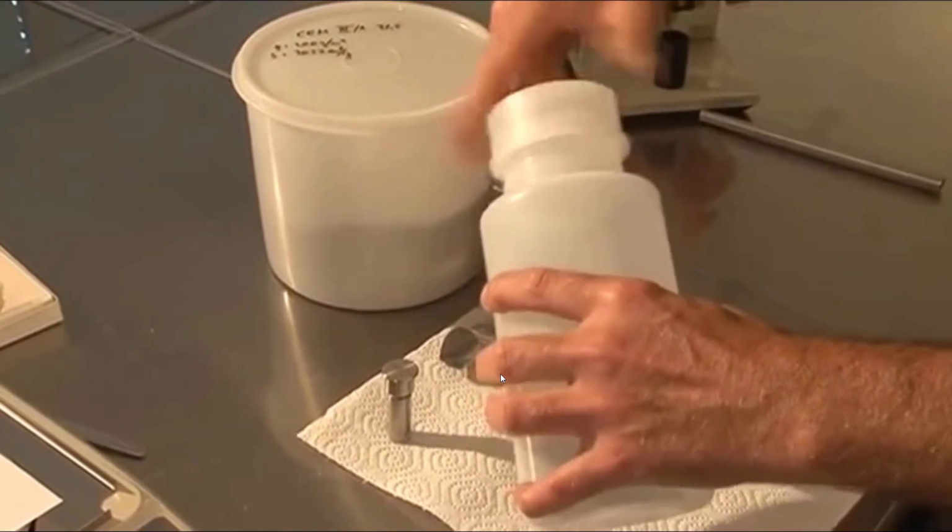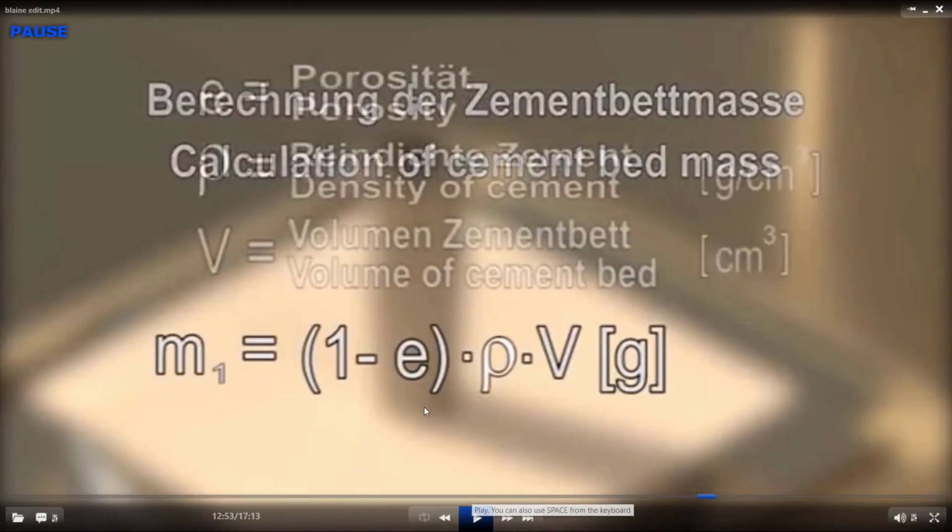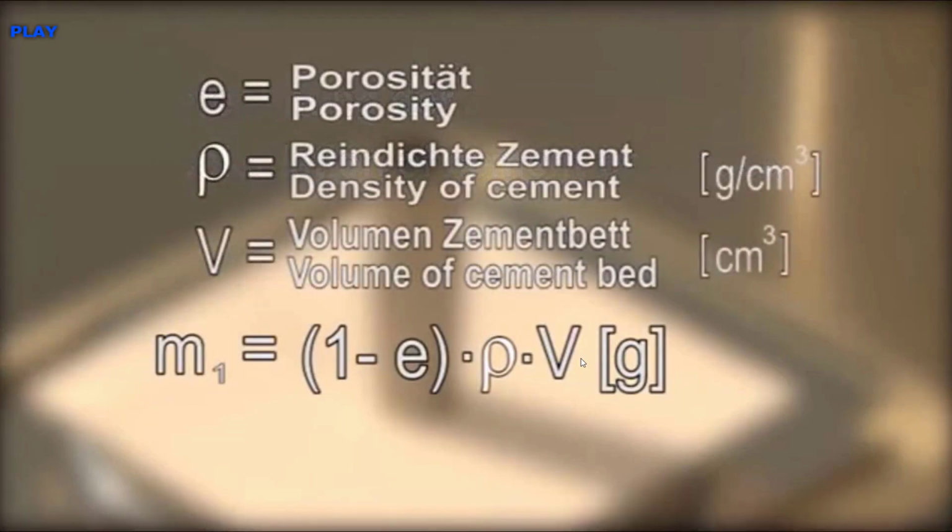Basically, this is the mass to calculate for your cement sample. Cement has a different density than your reference material, so the mass of the reference material would be different than the mass of the cement used for this volume. So you will put the density of the cement, which is 3.14.